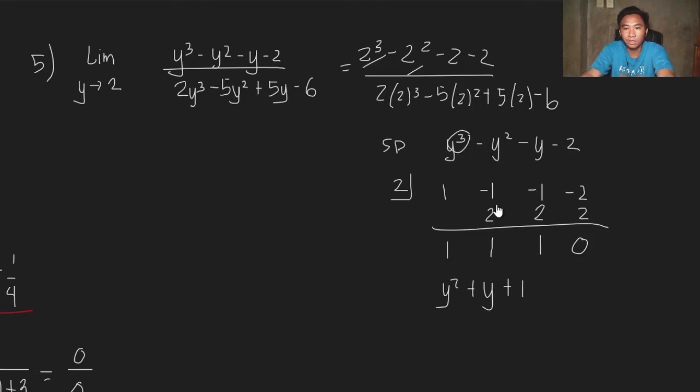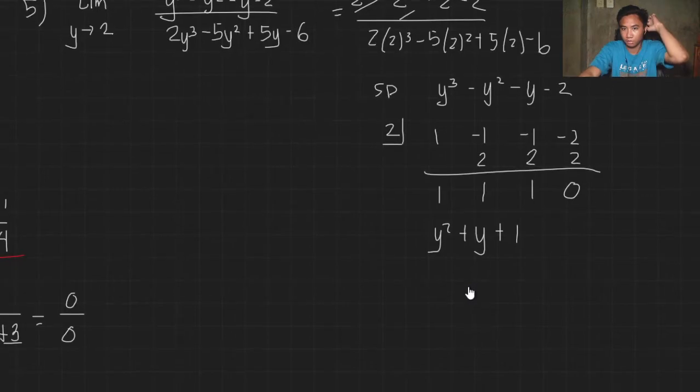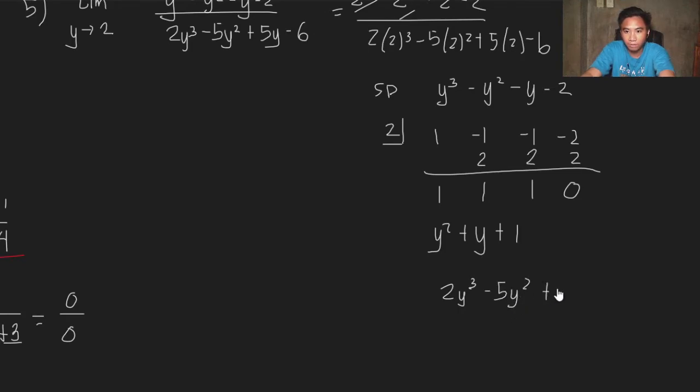So, maminusan lang natin ito ng isa. And then, isusulat na natin dito. Nawala si 1. So, sa kabila naman, si 2y cubed minus 5y squared plus 5y minus 6.